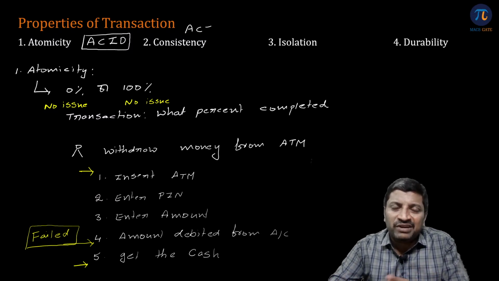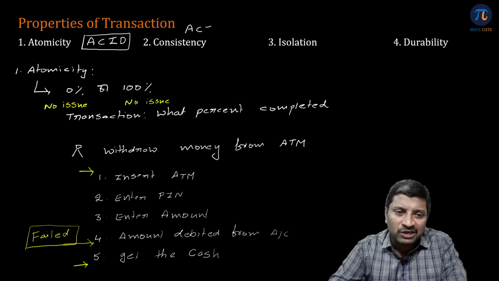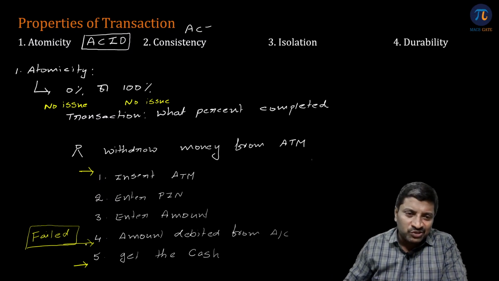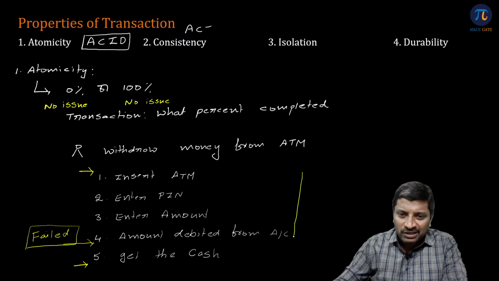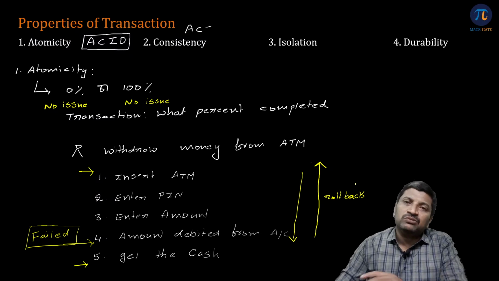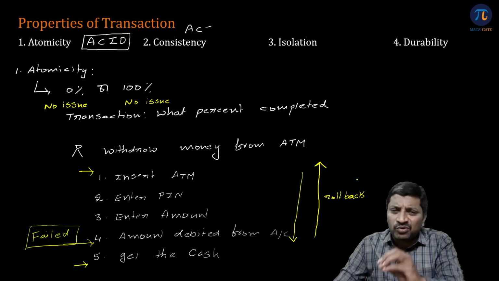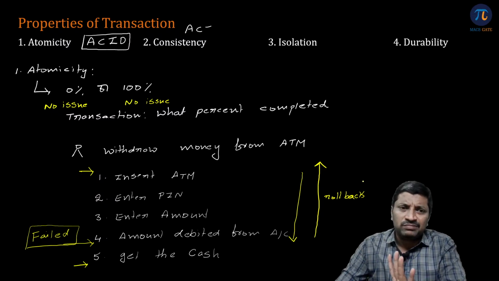We will be worried till the amount is credited back to my account. Whenever the transaction stops somewhere in the middle, there is a manager who is responsible to roll back. Whenever the transaction has failed in between 0 and 100, his duty is to go to 0%, because he cannot go to 100%. He will go back. That's it.